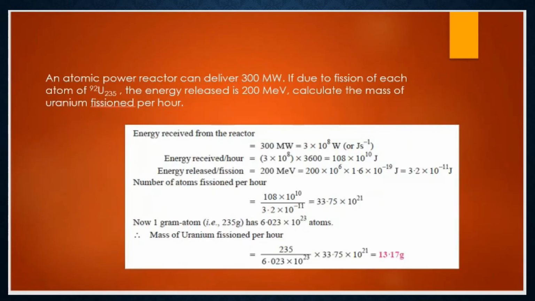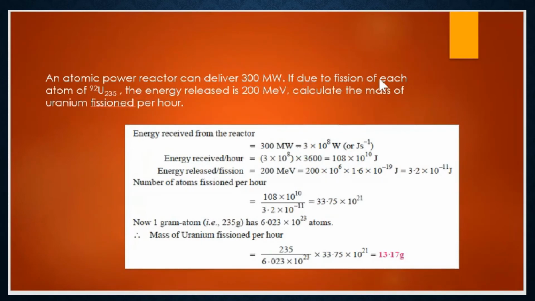Now, I have a small problem for you. Just listen, don't write. Anyhow, I am going to share this slide with you. An atomic power reactor can deliver 300 megawatts.